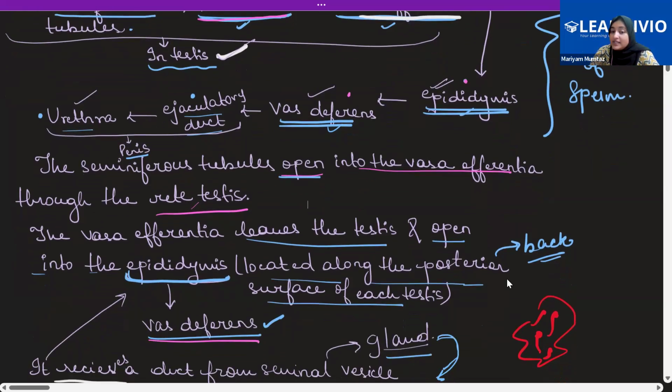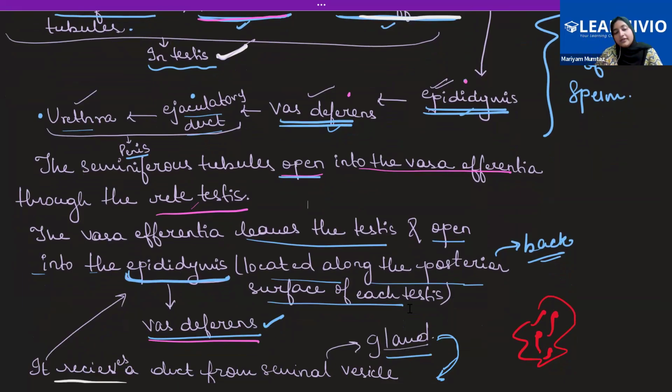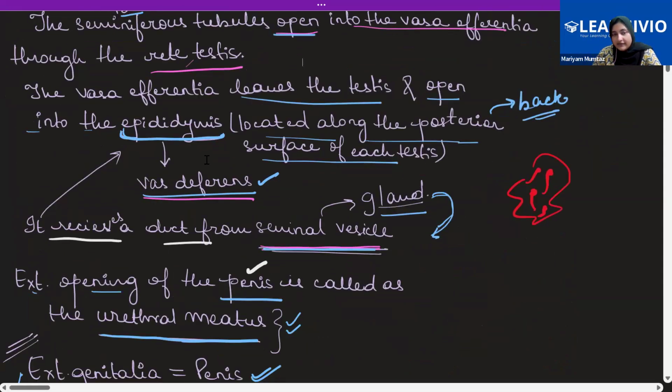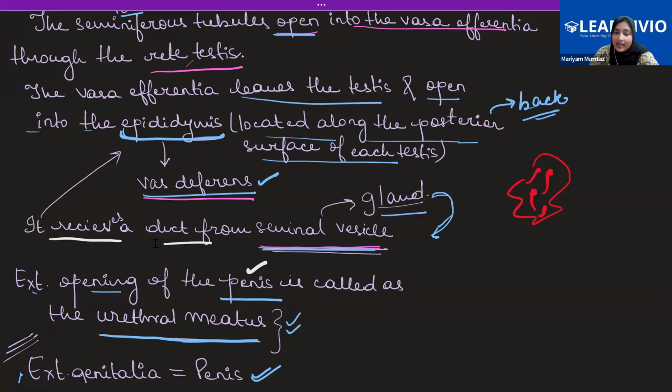It is situated posteriorly, at the posterior surface of each testicle, meaning at the back side of the testicle. Then they open into the vas deferens. Now, the epididymis is going to receive ducts from the glands. The different male reproductive glands will be secreting their secretions into there.